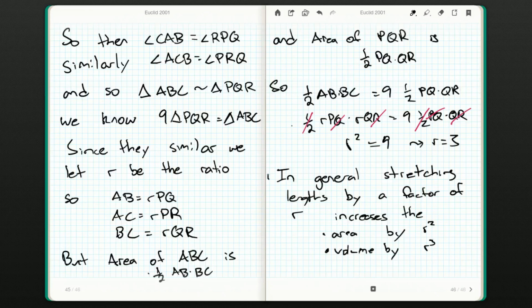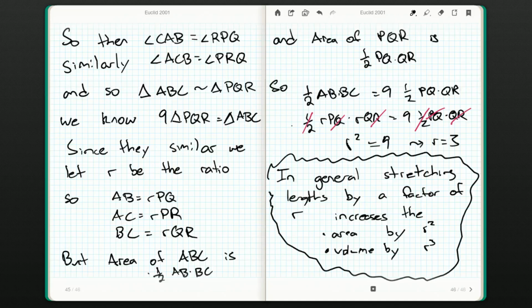So that's just a general fact that I feel like mentioning at the moment, because it probably would have been a quicker way of figuring this out. So we know that we're stretching by 3.